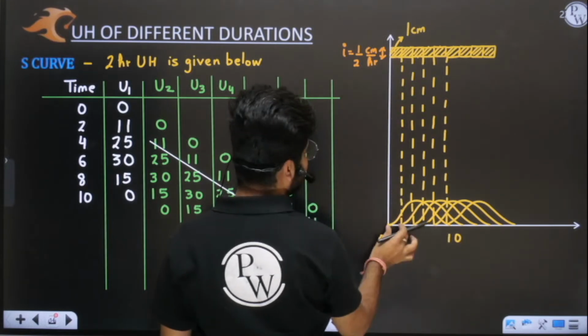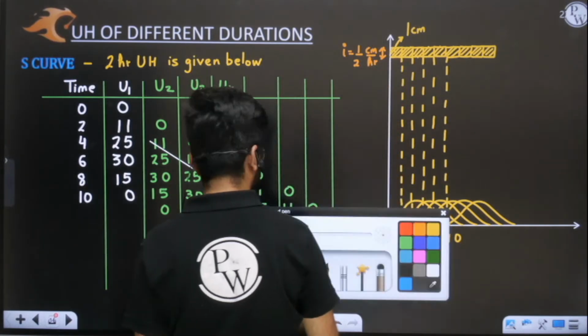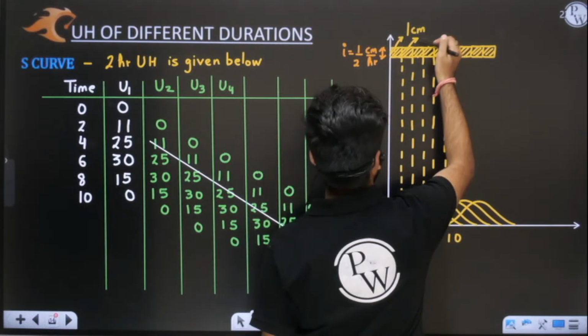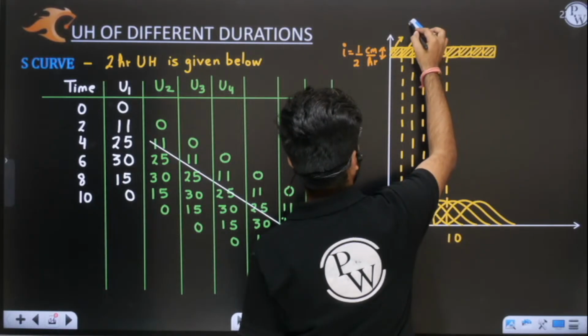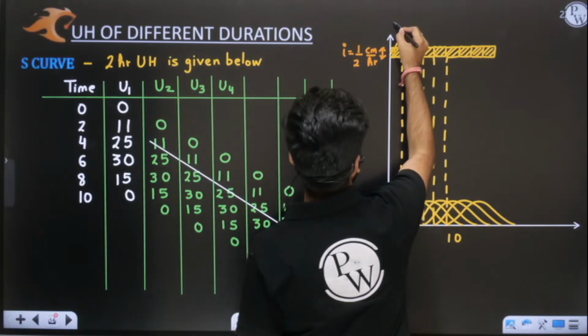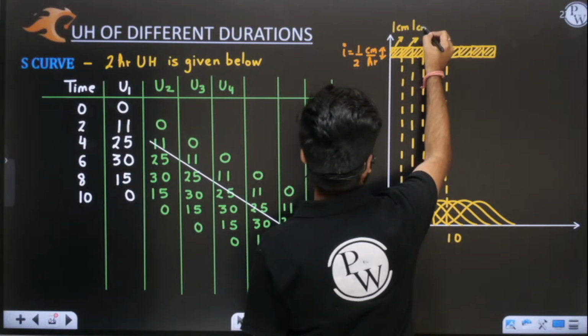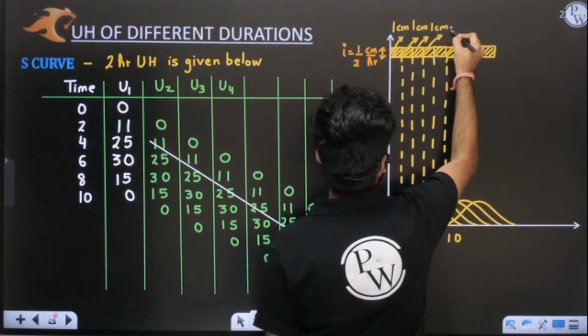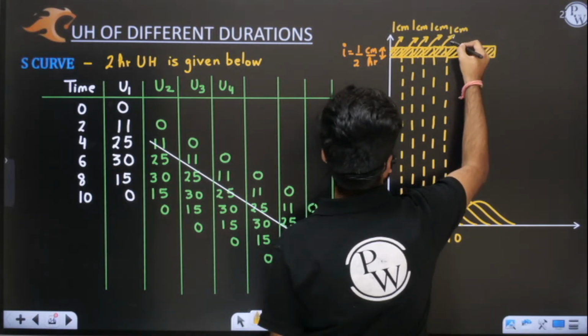In every 2 hours, 1 centimeter rainfall is there, like this.